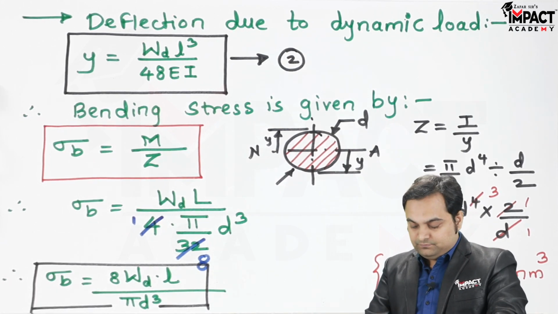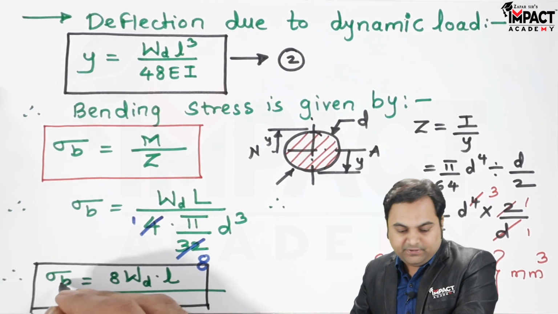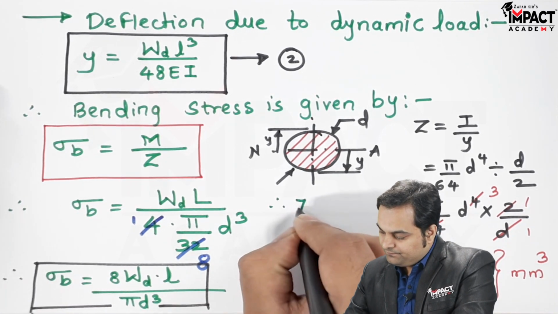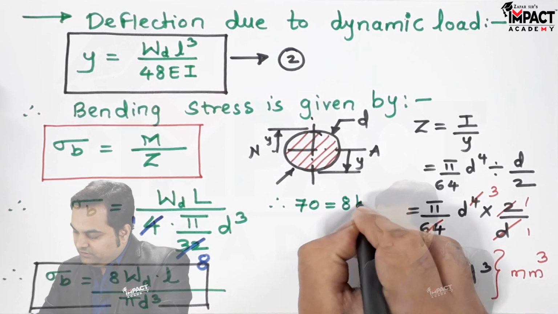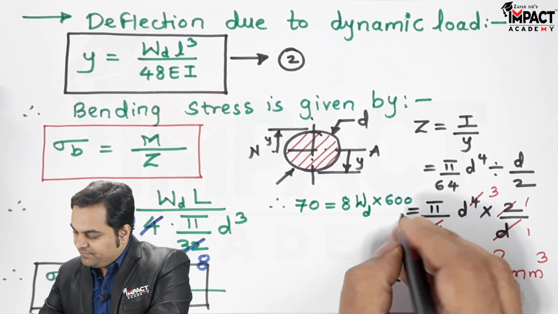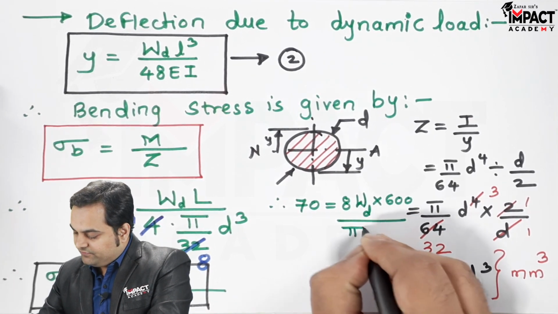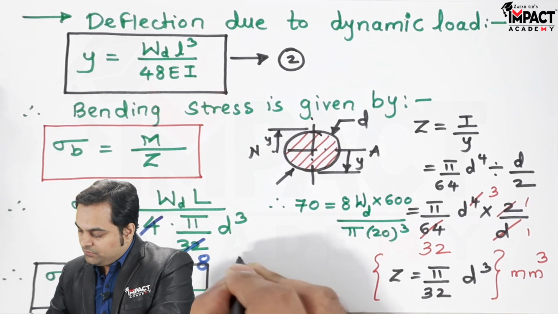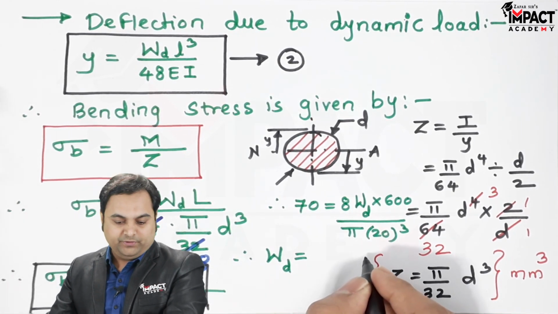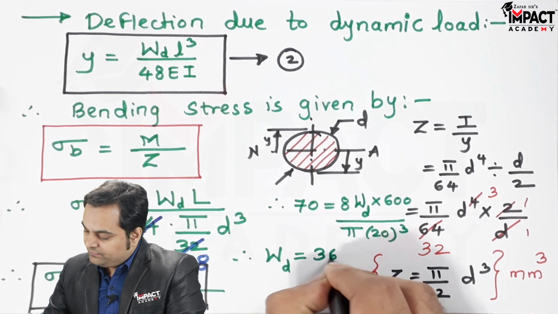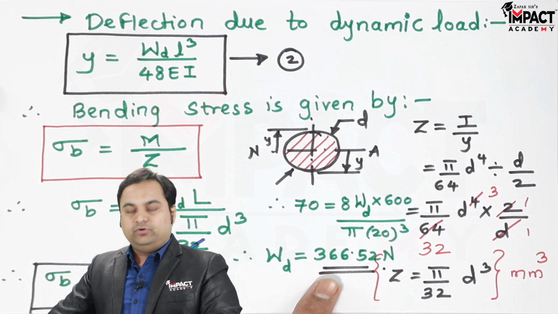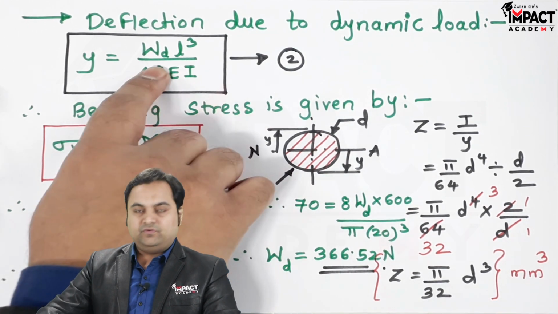So therefore, sigma B is given as 70. WD is the dynamic load, L the length between the bearings is 600 mm, the diameter of the shaft is 20 mm. So therefore, the dynamic load will come out to be 366.52 Newton.